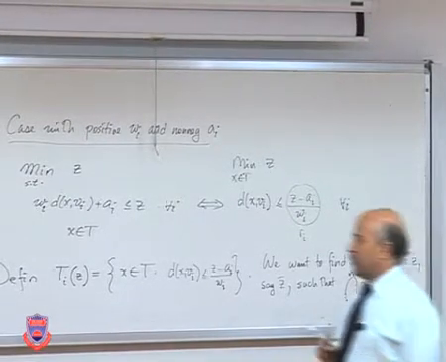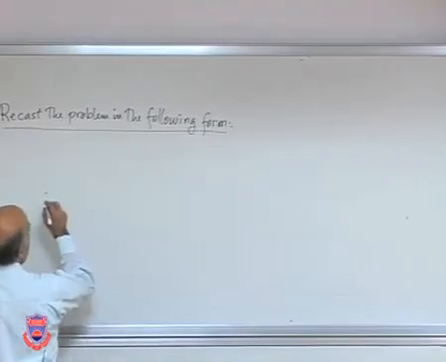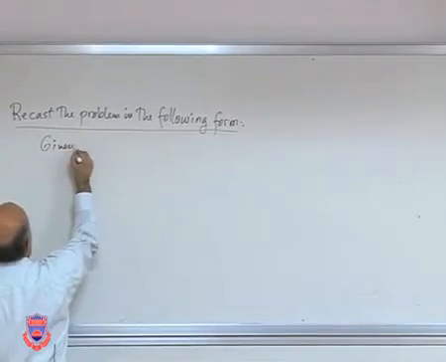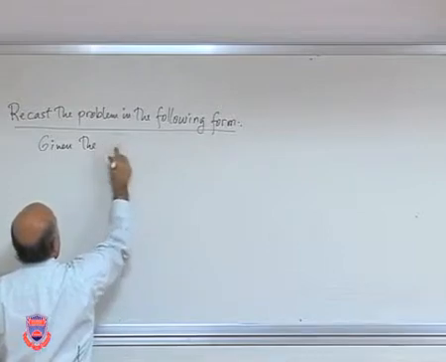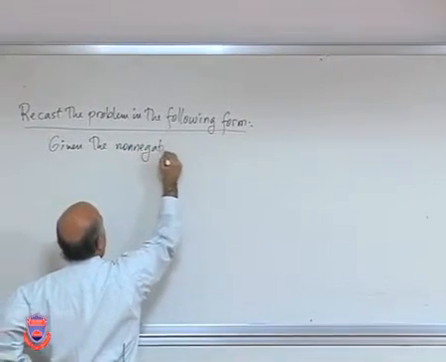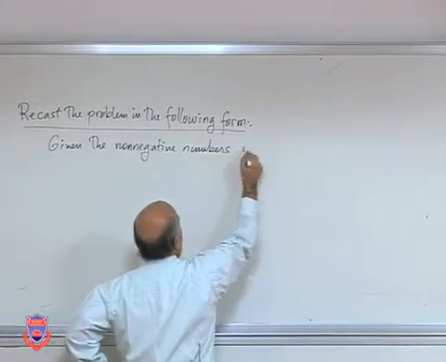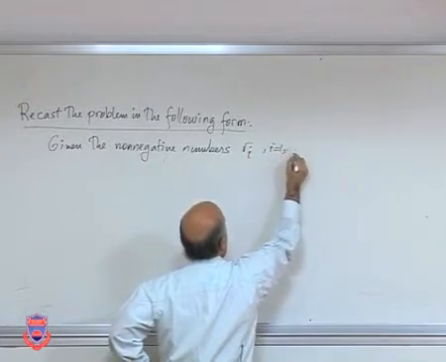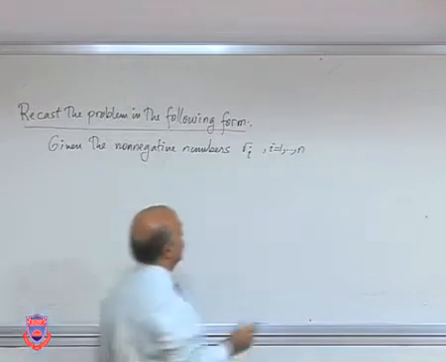I'm going to change it to a slightly different form and do the following. Given the non-negative numbers r_i, i from 1 up to n, these are the radii you want to use.